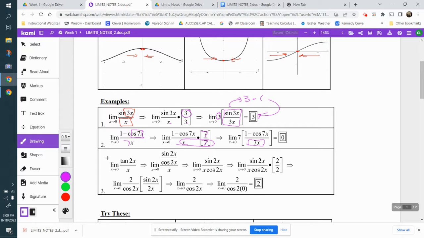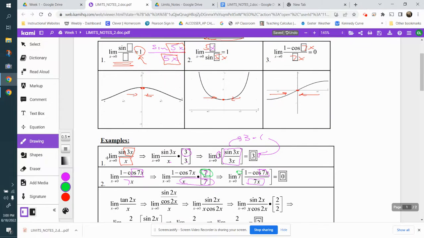I already have a 7x in the box right there. And so my question is, where does this extra 7 go? It moves out front because the limit of 1 minus cosine 7x over 7x is, for this theorem right here, equal to 0. So since it's equal to 0, I get 7 times 0, which is 0.